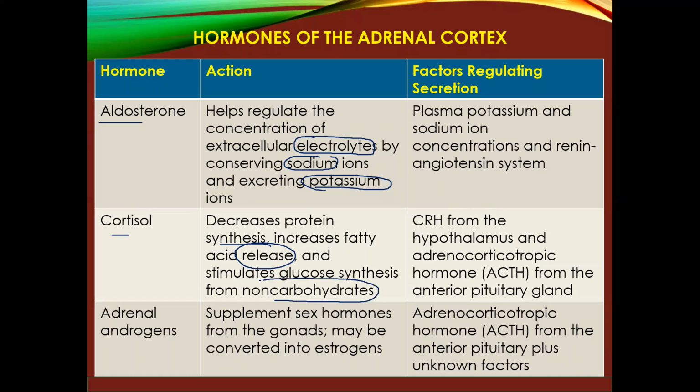So mostly it will increase the glucose concentration used for energy. And then adrenal androgens, very similar to testosterone, will control some male characteristics, and for the female, it will increase the sex drive or libido.